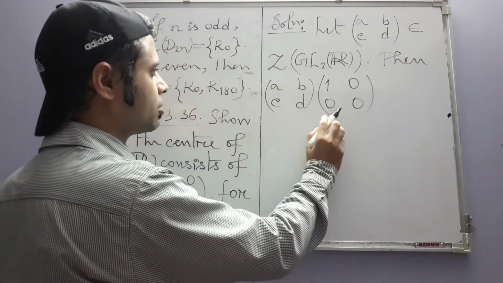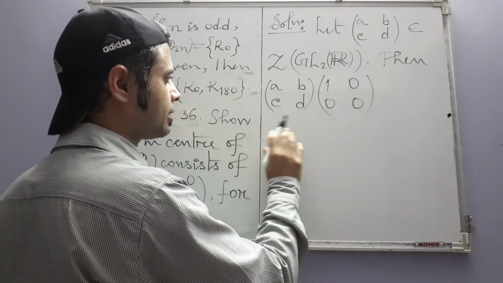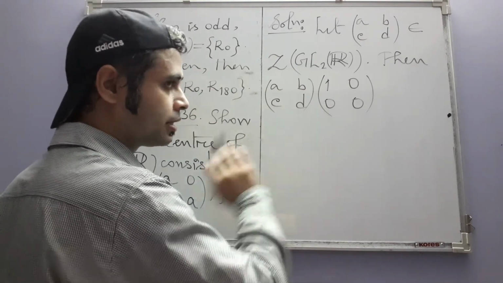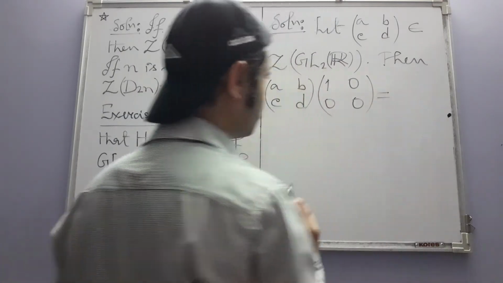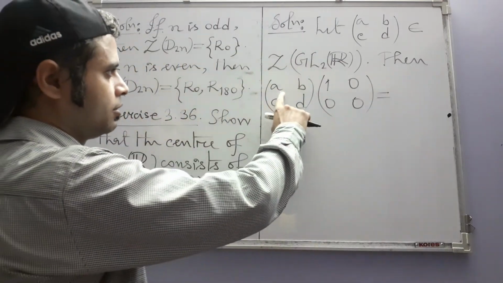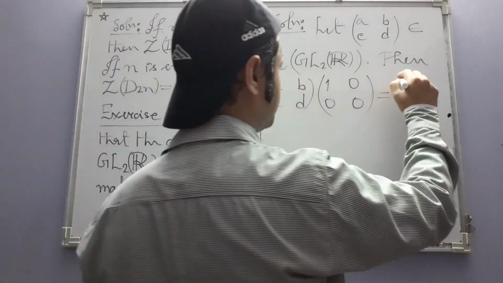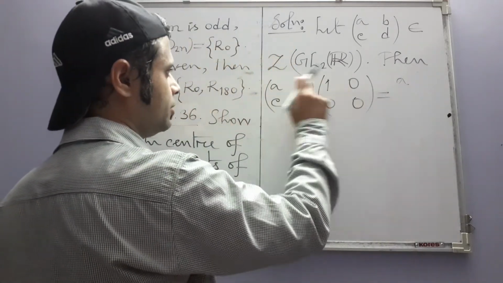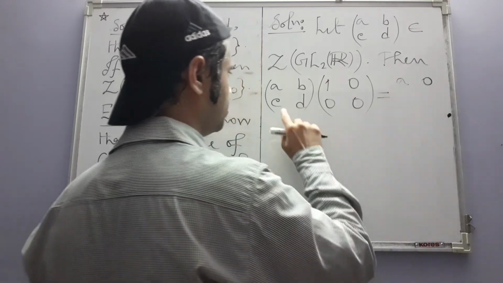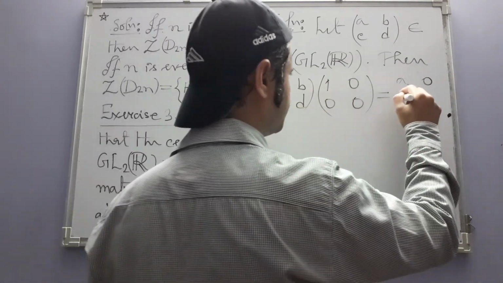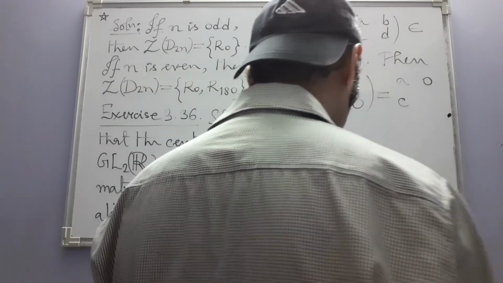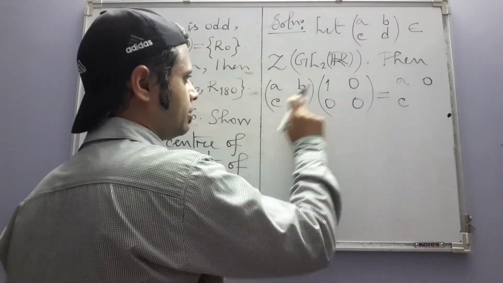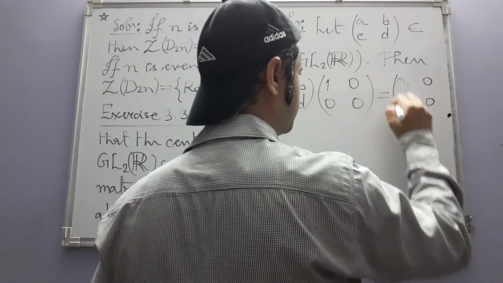Then this product will be equal to that other product where we interchange the positions of the matrices. Now what will this product be? A plus 0, A, 0 plus 0, 0, C plus 0, C, oh we are getting C here, okay, no problem, and 0 plus 0, 0.